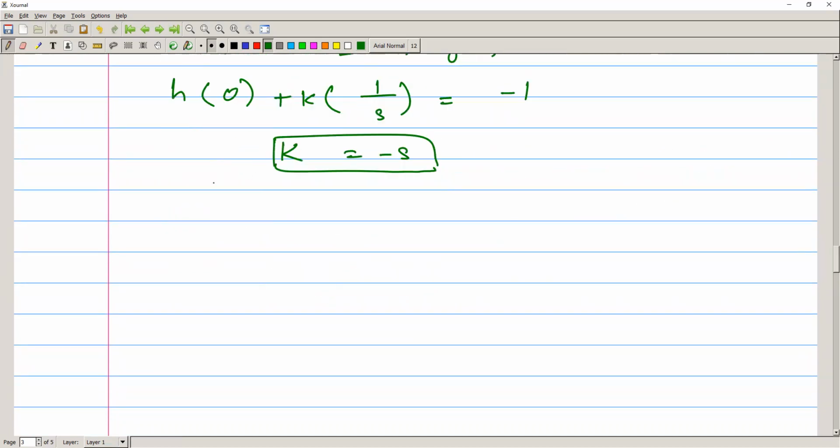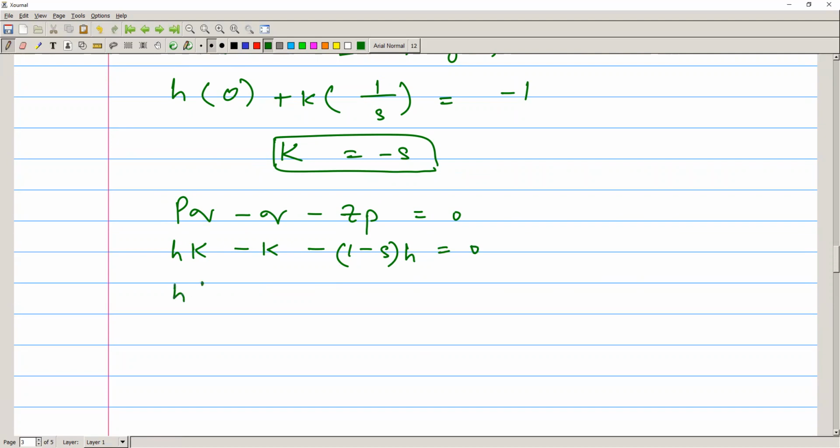Now this is one of the conditions we need. And the second condition, we can make from the question, where the question says that pq minus q minus zp is equal to 0. So we can write h in place of p and k in place of q, minus k, minus z, which is 1 minus s in the condition, and p will be h.